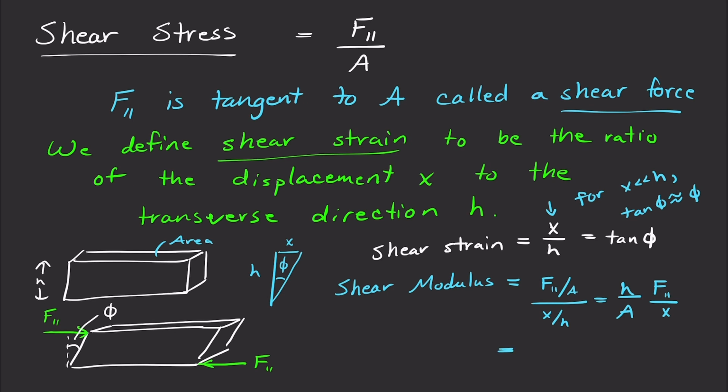Since x over h can be approximated as phi when x is very small relative to h, we can write this as F parallel over A divided by phi, or the force with your area on bottom times phi.